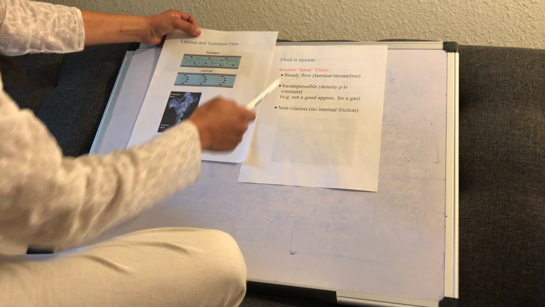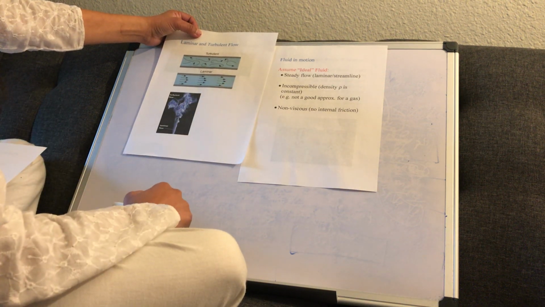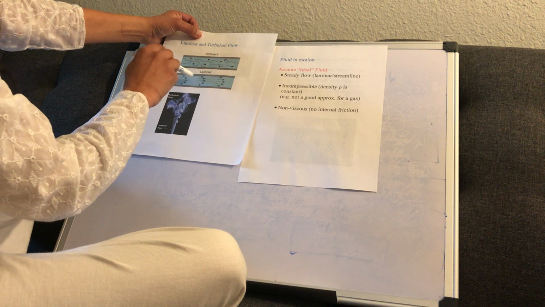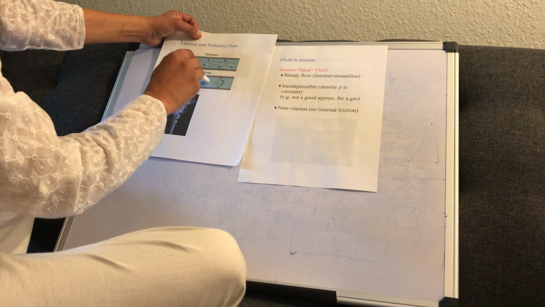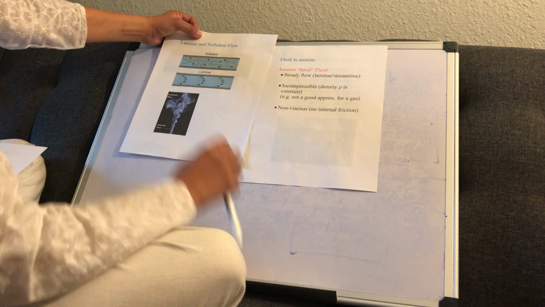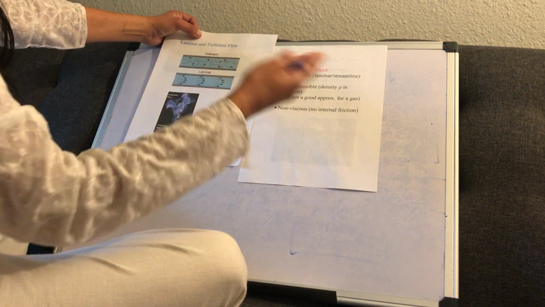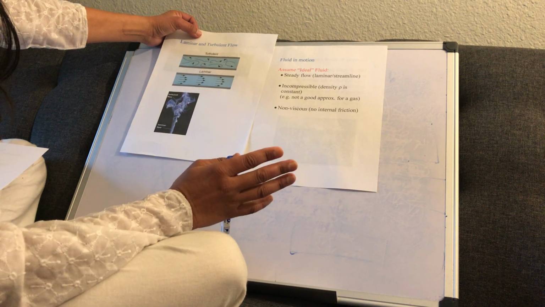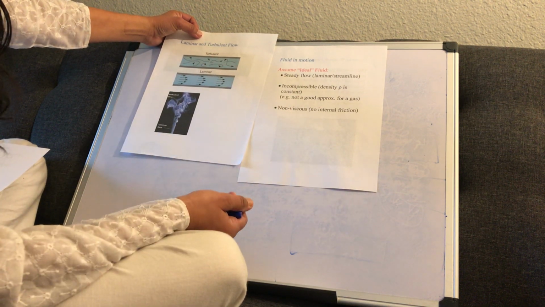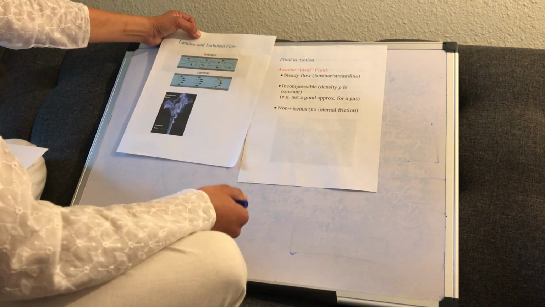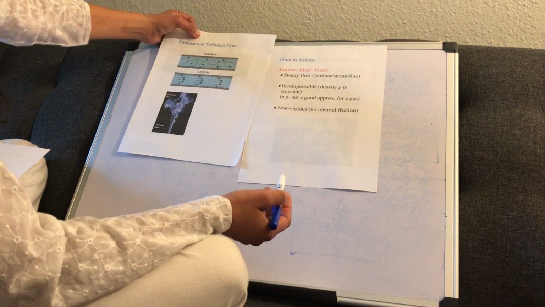When we say steady flow, it means the velocity of the particles of a fluid at every point, like here, here, or here, is constant. The velocity is not changing. That kind of flow is called steady flow. Incompressible, you guys already know, right?